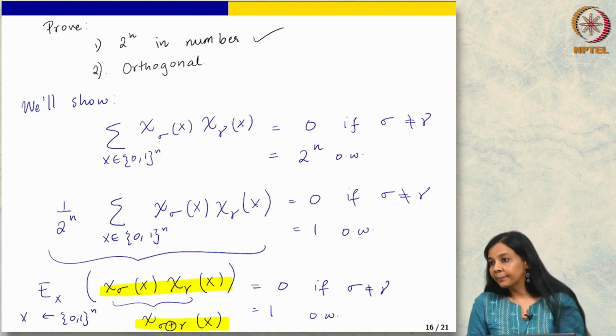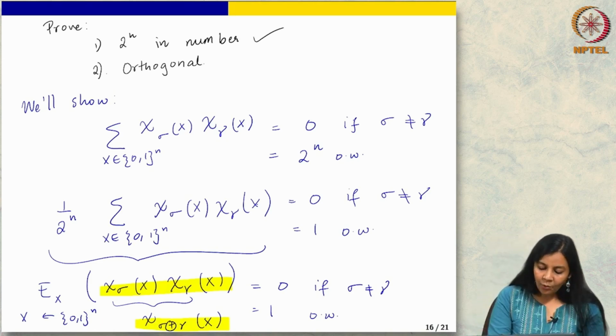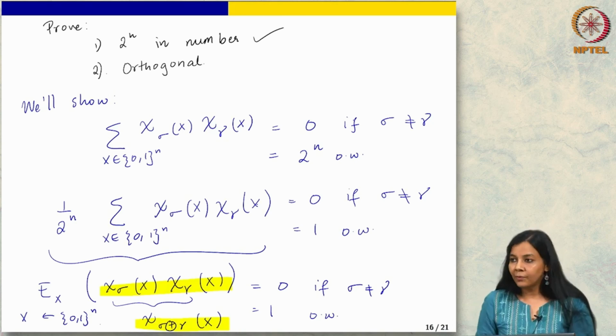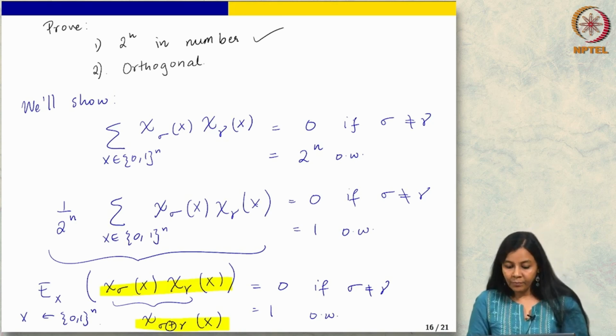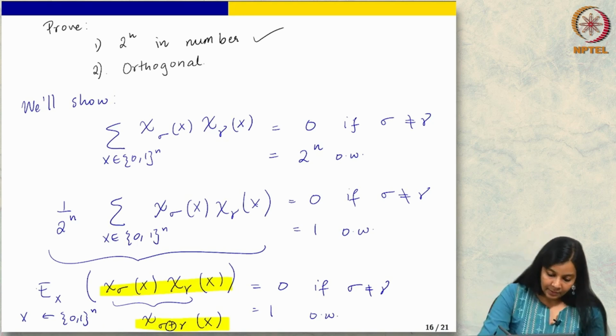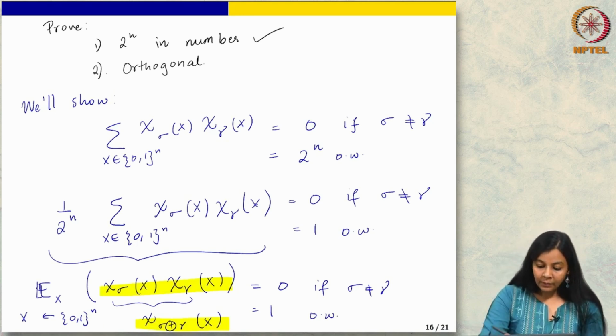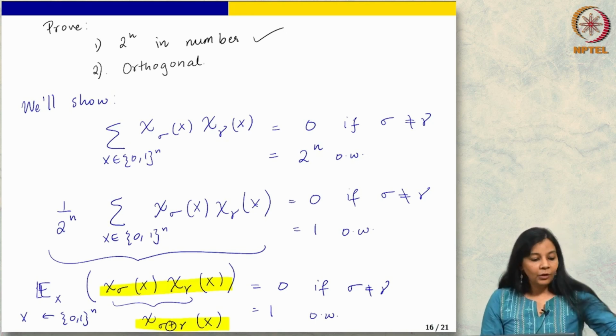Yes? Sorry? It is just expectation over x, where x is chosen from {0,1}^n, just to clarify what the random variable is.